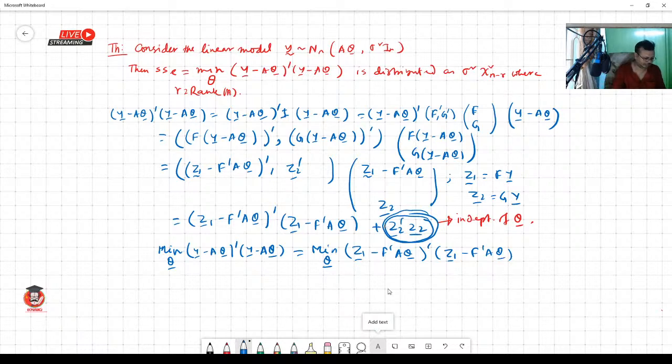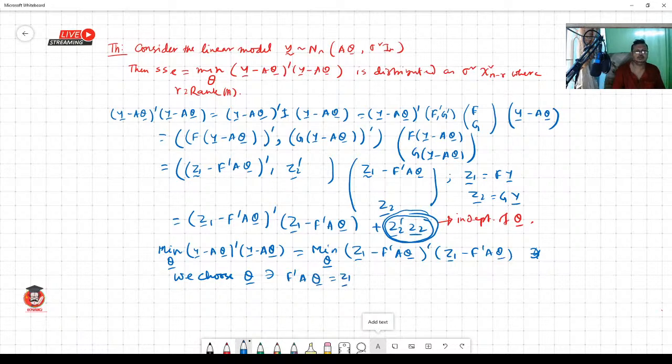So from the normal equation, we can choose θ̃ by differentiating this thing, then we choose θ̃ such that f prime Aθ̃ is equal to z1.